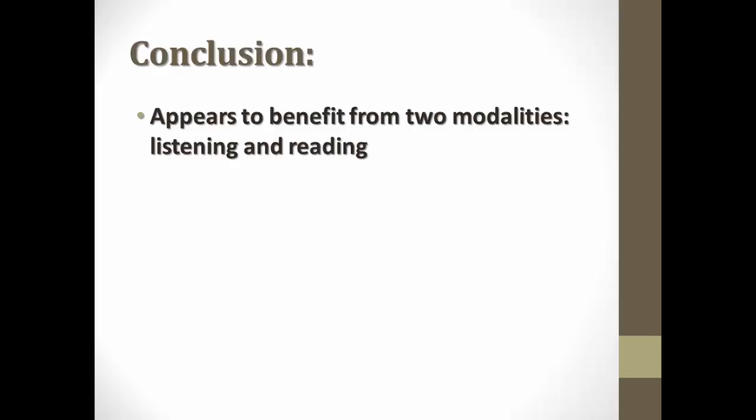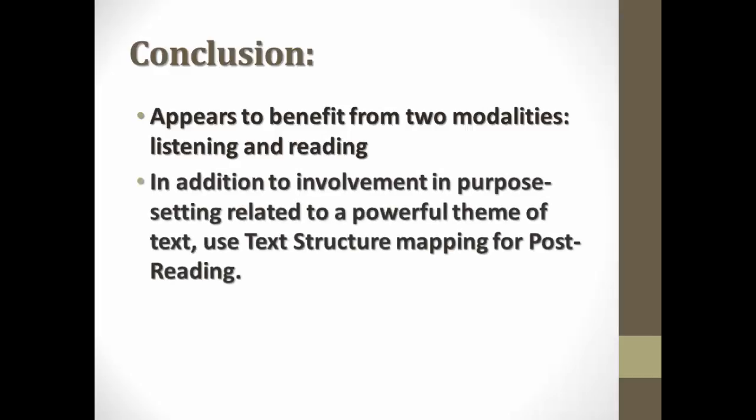That means as she reads, she listens to what she is saying out loud. In addition then to involving her in purpose setting related to themes like we saw, it's good to use text structure mapping for post-reading. What would that look like?